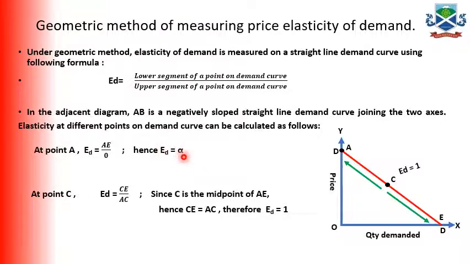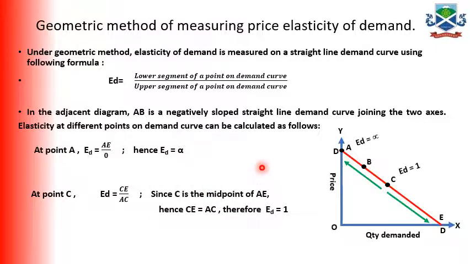That's why ED is infinity. Remember I told you before about the five degrees of elasticity: how the value is 1, how it is infinity, how it is 0, greater than 1, less than 1, all will be found in this geometric method. So that's how we get ED value at point A equal to infinity.